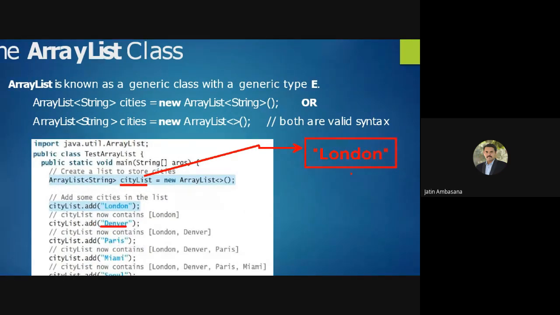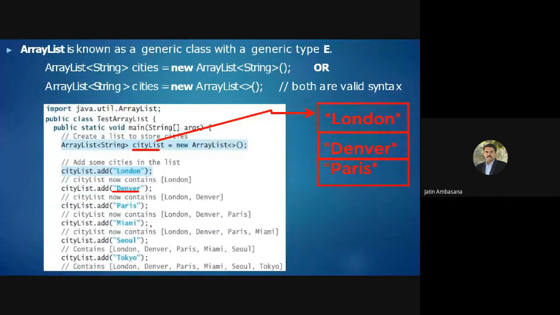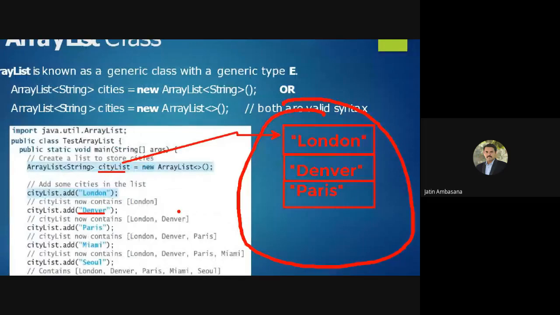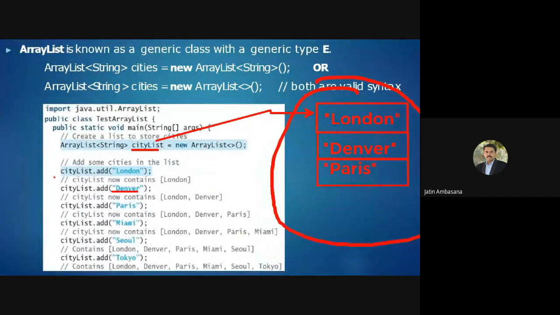As soon as you go on adding, the size goes on increasing. You see, as you go on adding, the size goes on increasing, right? So this is how your ArrayList gets populated. How? By adding, one by one, each object.